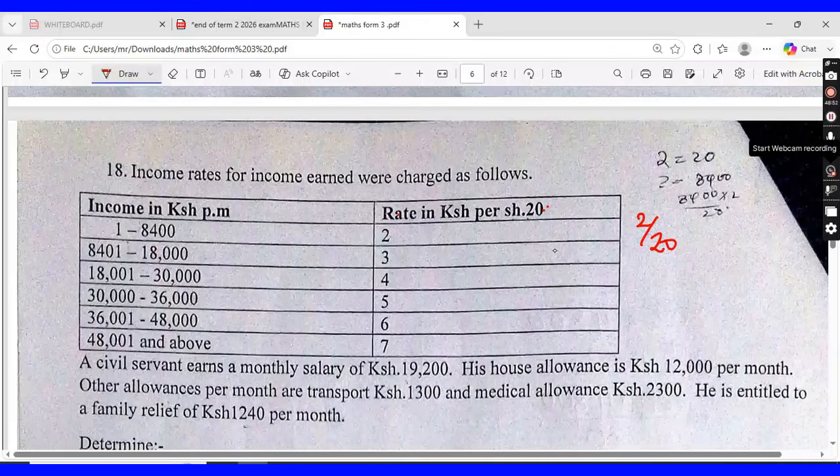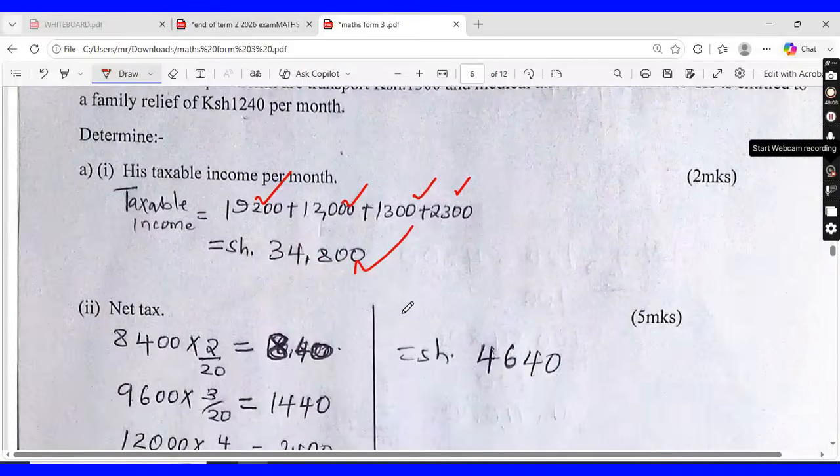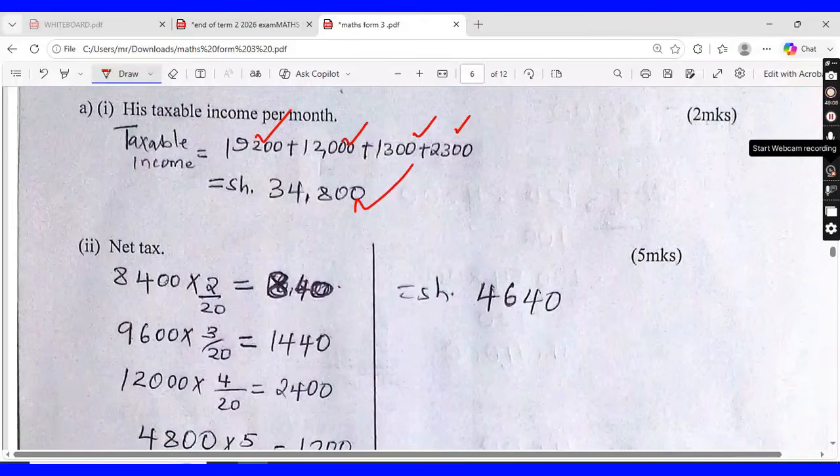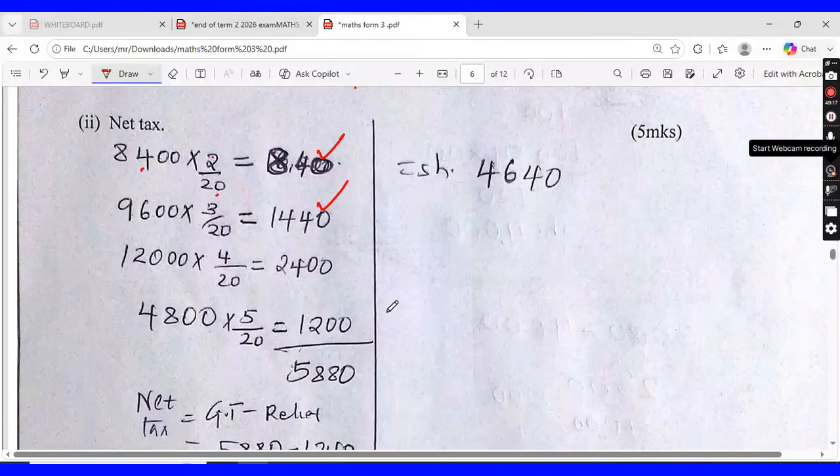Na kuna mahali, so that's why I told you must check this here. Rate in Kenya shillings per shilling 20. So if you are not careful, you just mess up. So the first band will be 84, 2 over 20 shillings. That will give you this tax.